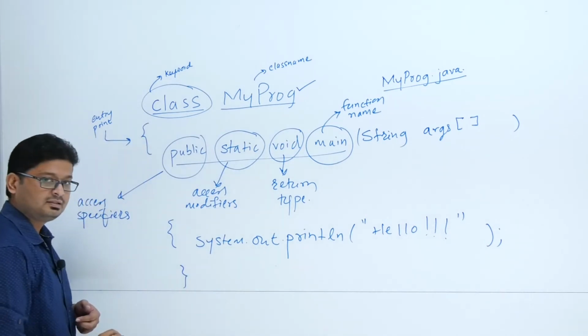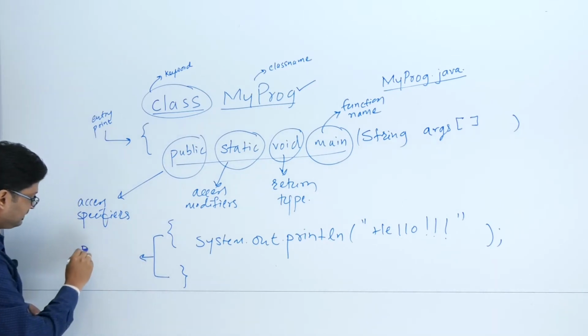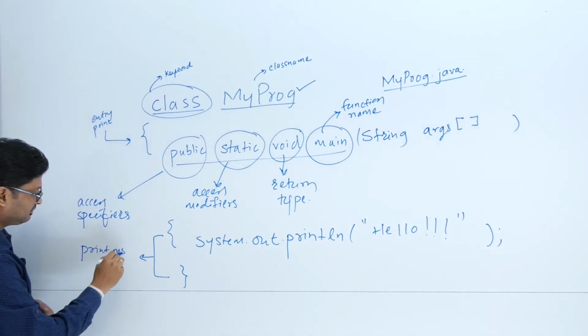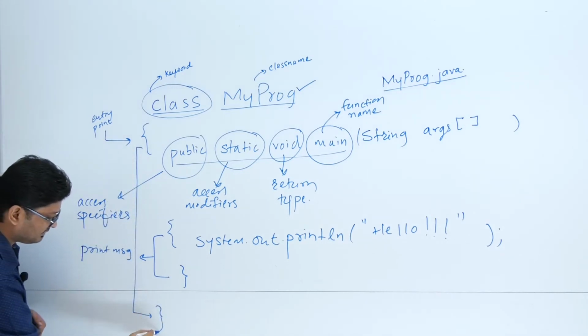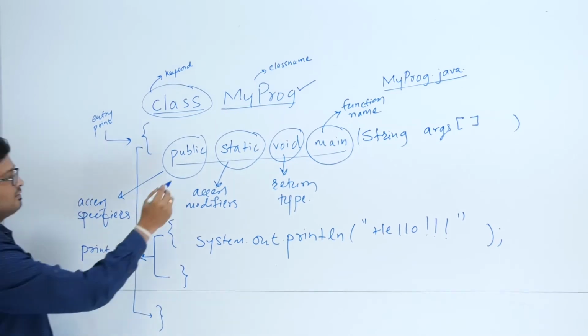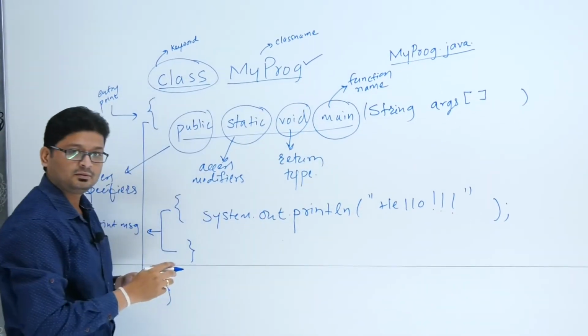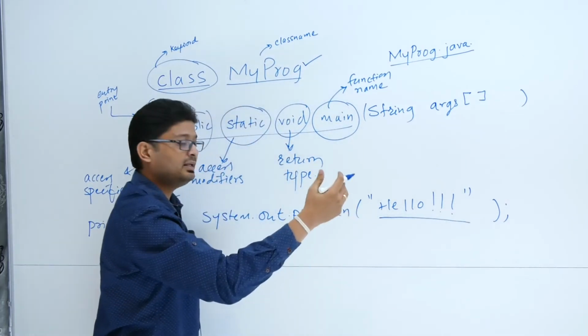Then the closing of this scope gives me the printed message, and the closing of the class means this is my entire code. Now I've given all these things to my computer, letting this dynamic message be printed onto my screen.